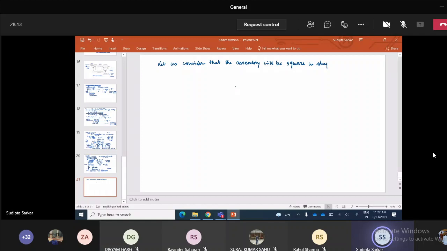If that be so, then length squared equals width squared. We have area equals 242 square meter, so length equals width equals the square root of 242, which is almost 15.6 meter.